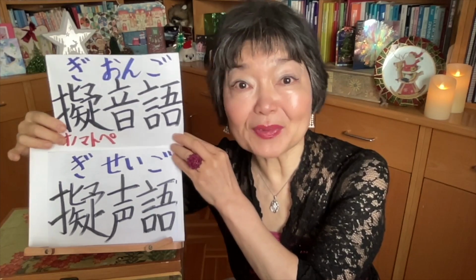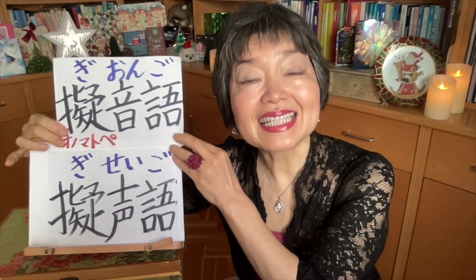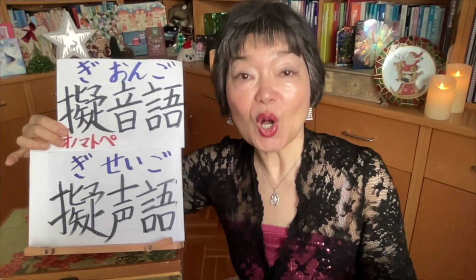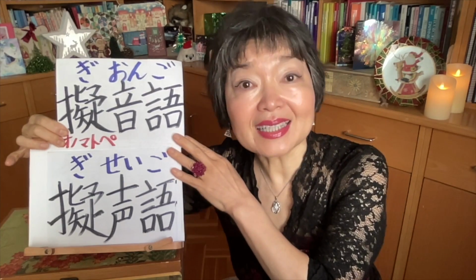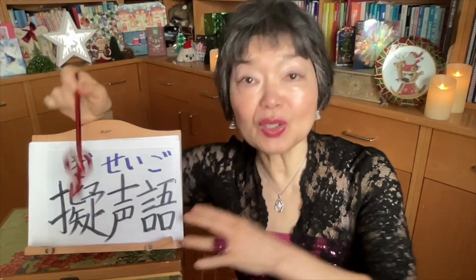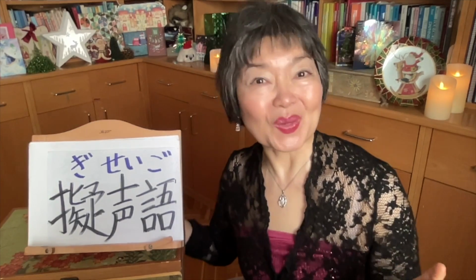Some examples of Gyongo, such as when the rain falls down, that sound, and also when the wind blows, hue, and the clocks, tick-tock. The examples of Giseigo, the language that imitates the sound of the voice, for example, nya nya, wow wow, kokekoko.